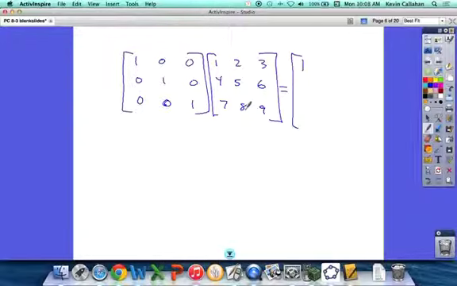What am I going wrong here? It seems like I'm doing something wrong. Oh, no. To find the first row, second column, I use the first row, second column.